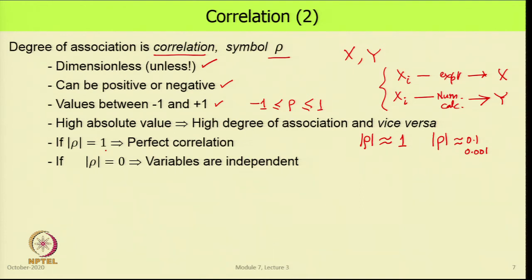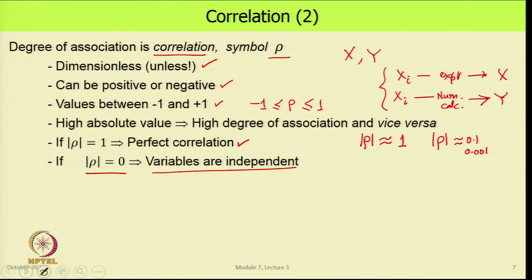If mod rho is 1, we have a perfect correlation. If mod rho is 0, that means the variables are independent of one another. That means there is no correlation between what happens to one and what happens to the other. The two are completely independent and different numbers.